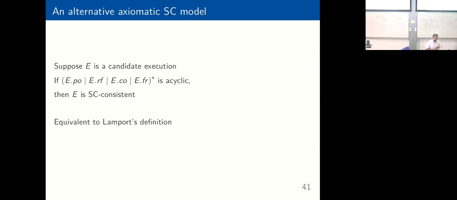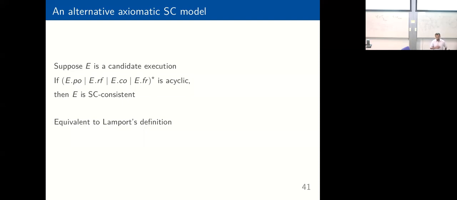So here's yet another way of defining sequential consistency. Suppose we have a candidate execution in the usual way. Then we take the transitive closure of the following relations: program order, reads-from, coherence, and this FR relation.